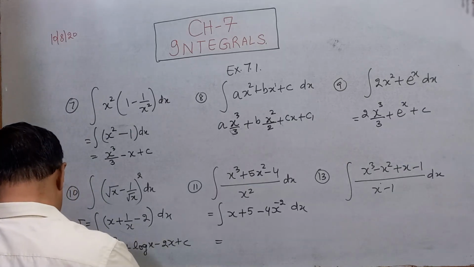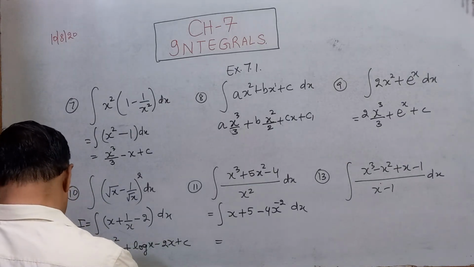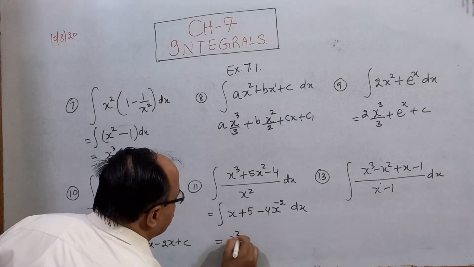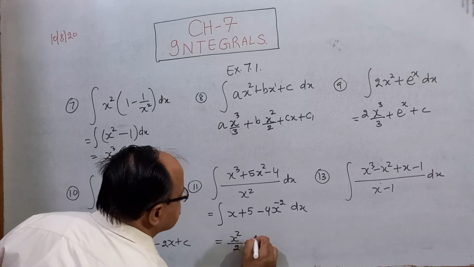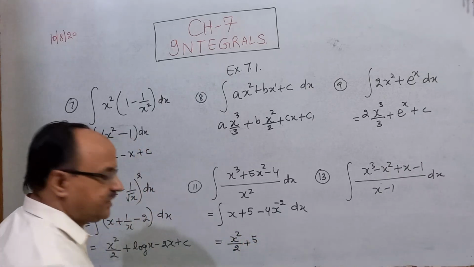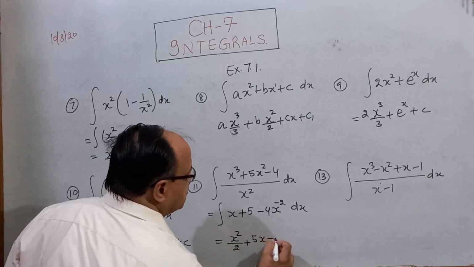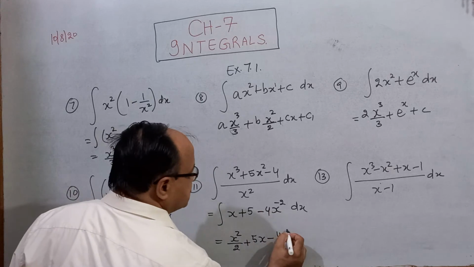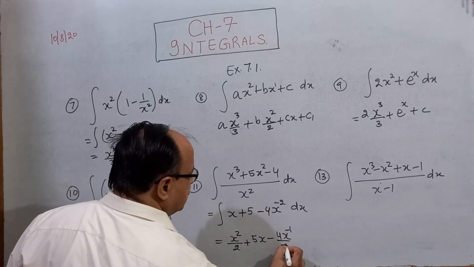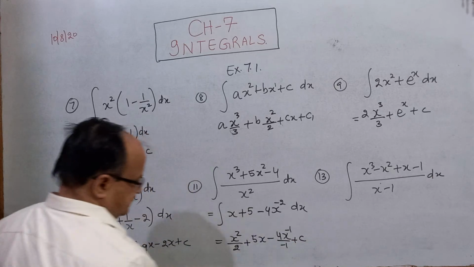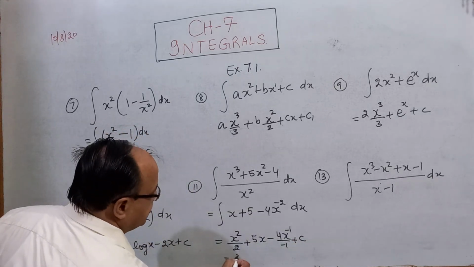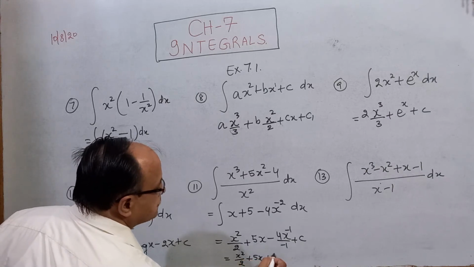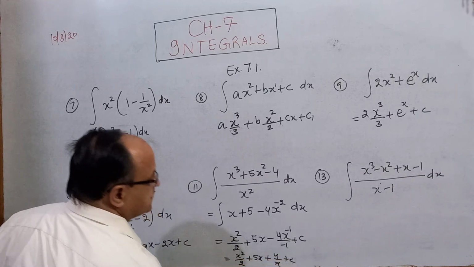Integration of x square by 2, integration of 5 with constant you can write 5x, and this is x to the power, when you add 1 here, minus 1 plus 1, that is minus 1, and here also minus 1, plus c. Further you can write x square by 2 plus 5x plus 4 by x plus c.